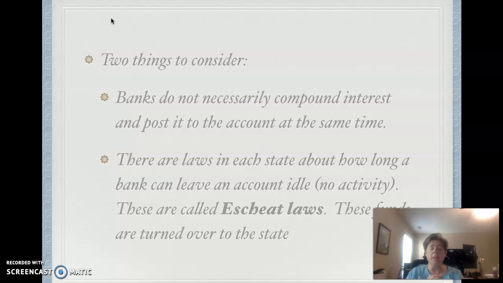The second thing we need to consider are escheat laws. These are laws that are on every state's books where if an account sits idle for too long, meaning I've done nothing to it, I'm just leaving my money alone, sometimes it's 5 years, sometimes it's 10 years, and I don't touch my money at all in that account for that period of time, those funds are actually turned over to the state and the state keeps them.